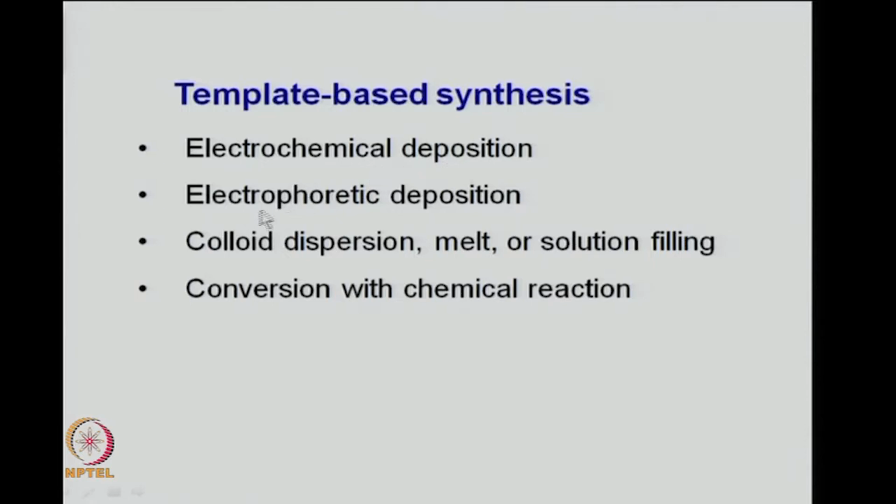Then you can use what is called the electrophoretic deposition, which is slightly different from the electrochemical deposition, and we will discuss what exactly this electrophoretic deposition is and how it is different from electrochemical deposition.